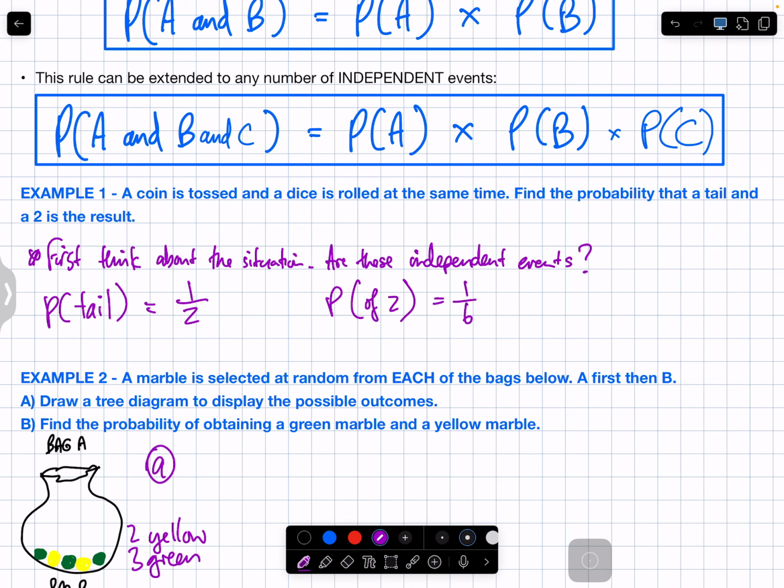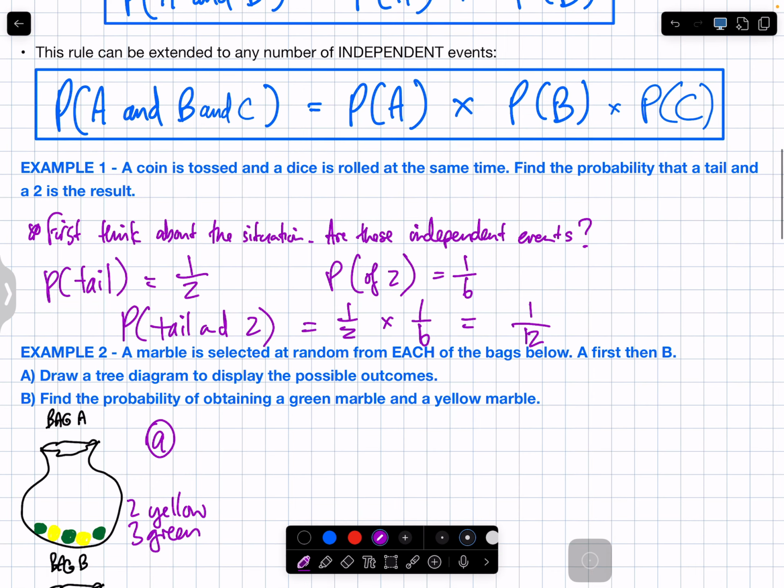So from what I've taught you today, the probability of tail and 2 is going to be 1/2 times 1/6. Multiplying fractions, top times top is 1, bottom times bottom is 12. You have a 1 in 12 chance of that occurring.